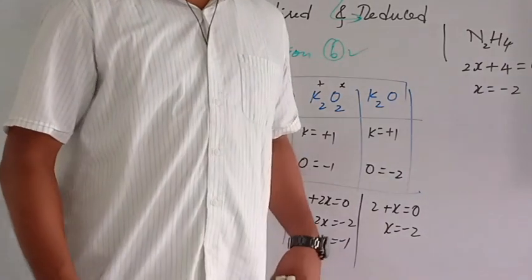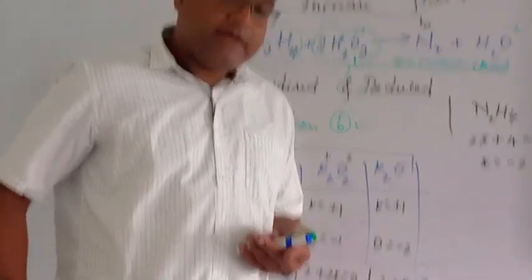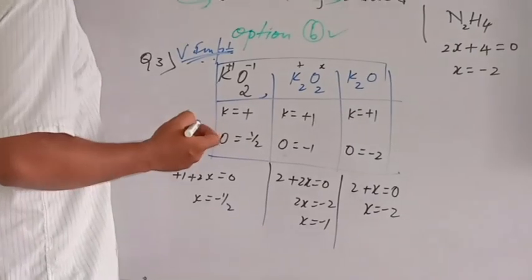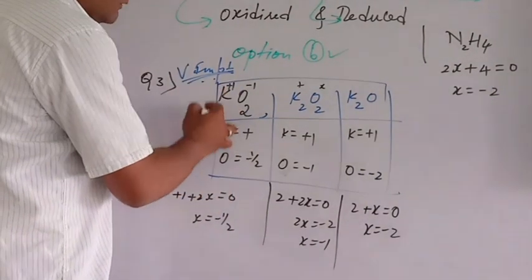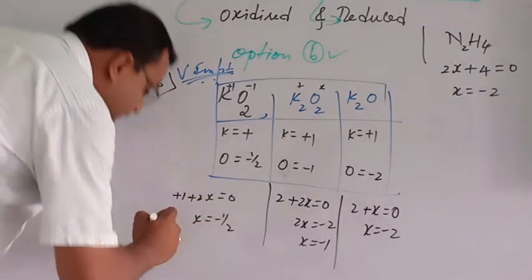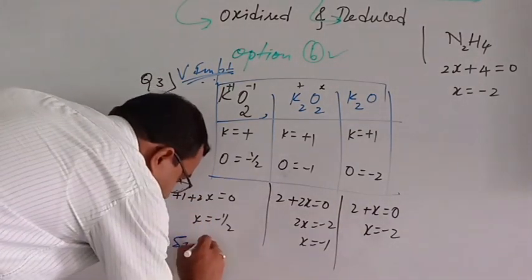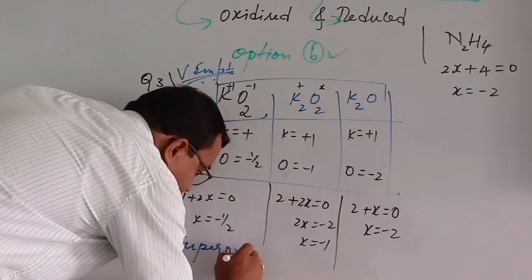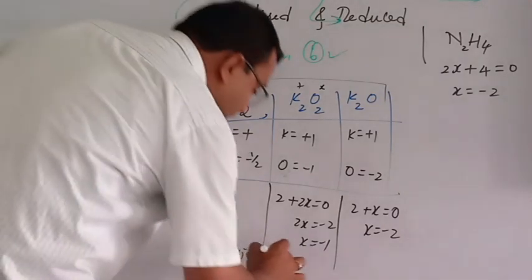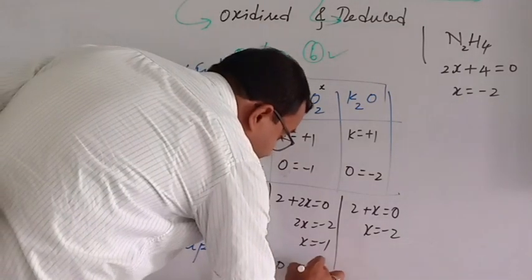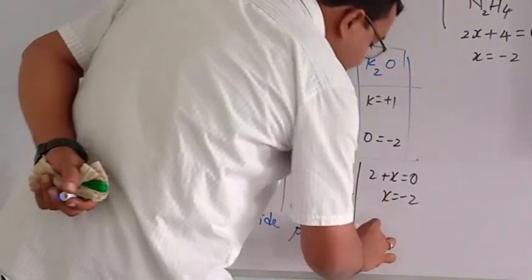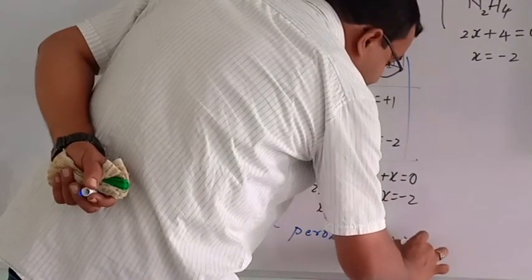But special cases arise in this type of compound. If the charge of oxygen is minus half, then such compounds are called superoxide. This is called peroxide. This is called oxide.